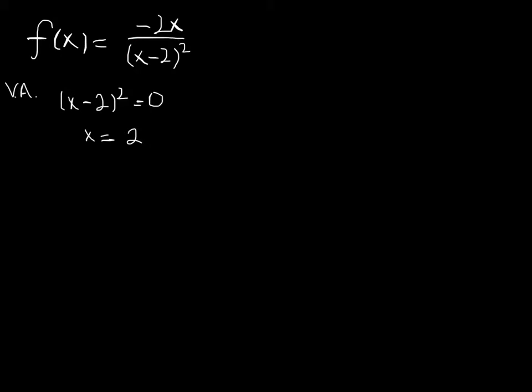The next piece that I'm looking for is, what's my horizontal asymptote? And for my horizontal asymptote, I could recognize this right away, but let's just go ahead and assume we don't, and kind of go through the steps. It's helpful here to actually expand out our function. So we have negative 2x over, and what's x minus 2 squared?